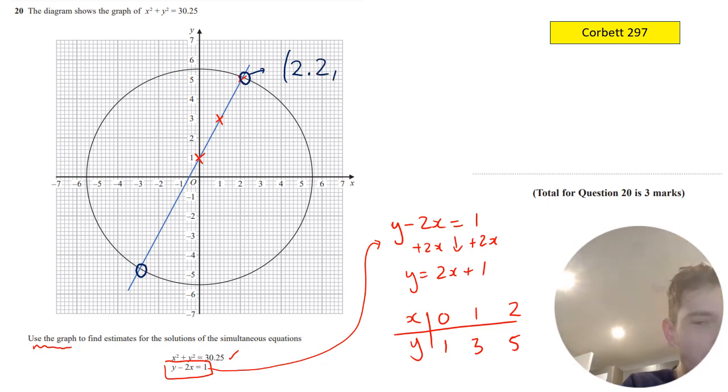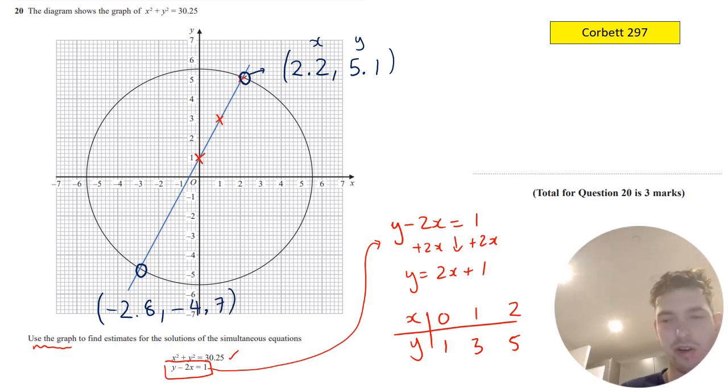And my y value looks like it's about 5.1. And what about this one down here? Again, just looking really carefully at the graph, I think it's just before the 3, so minus 2.8 and minus 4.7. That's what I got when I did it on my piece of paper.